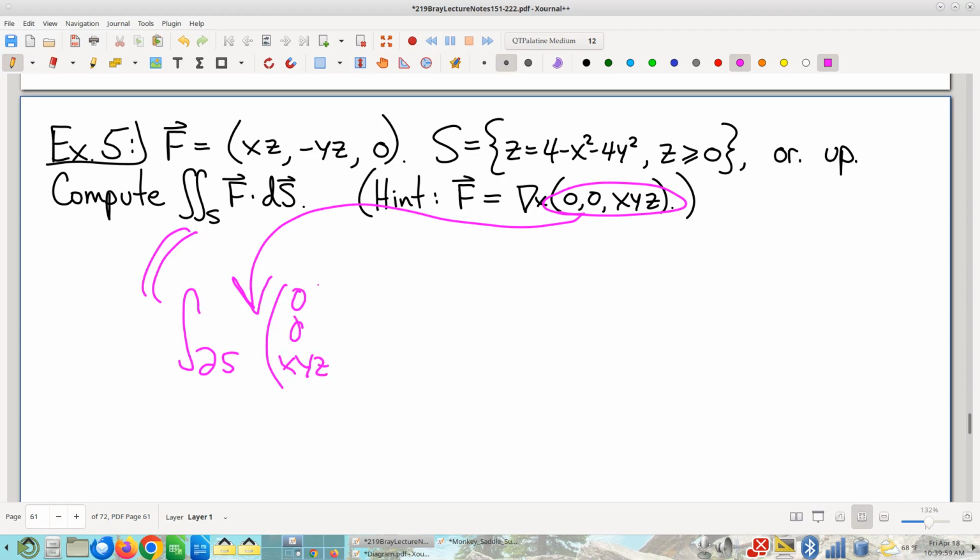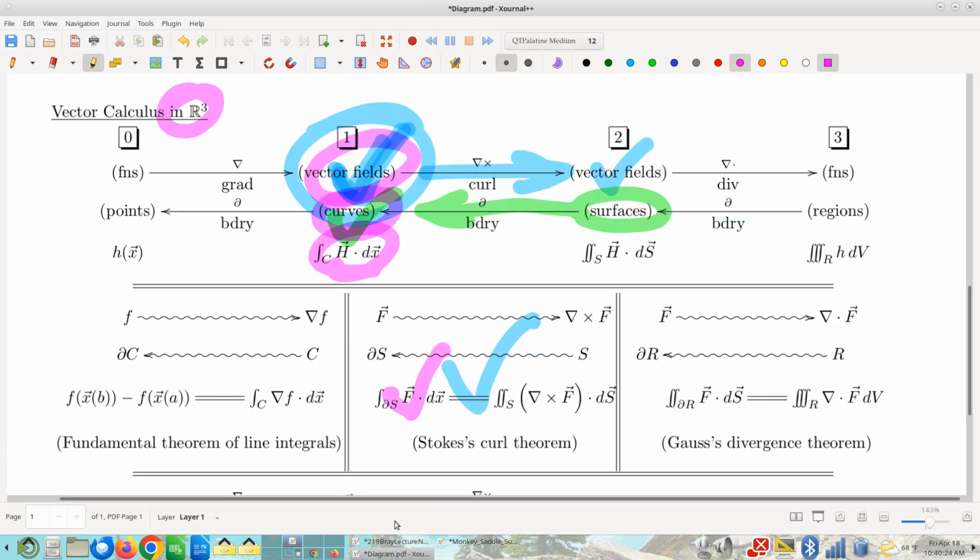By the way, be very, very careful, please, not of F. Right? We're not looking at a line integral of F here. We're looking at a line integral of the vector field whose curl is F, because that's what Stokes's curl theorem says. If you get the vector field wrong, it's an easy little whoopsie, but that's part of what the diagram offers.